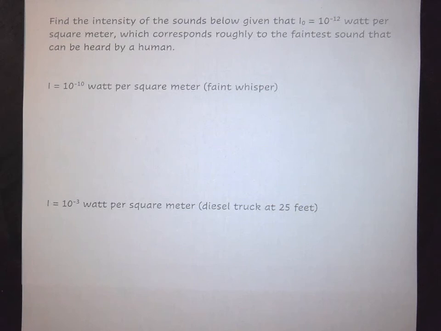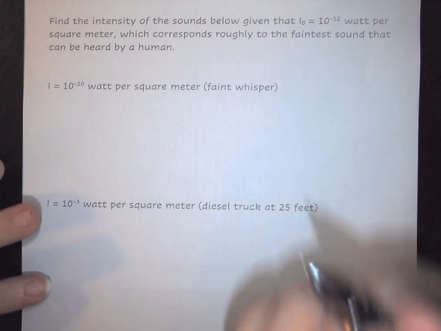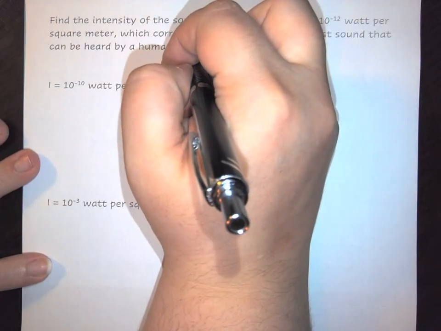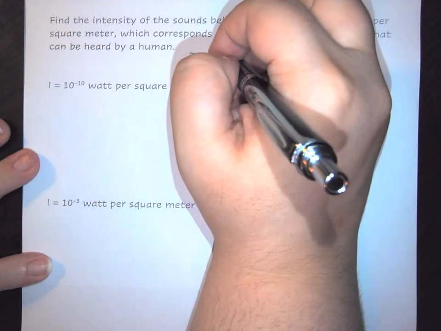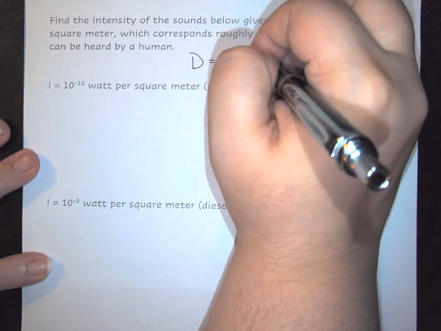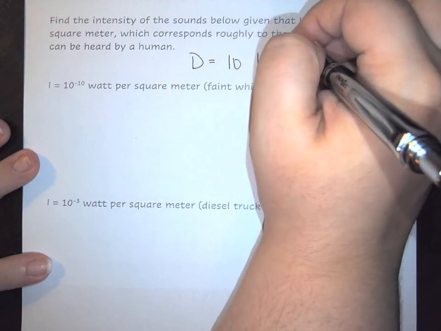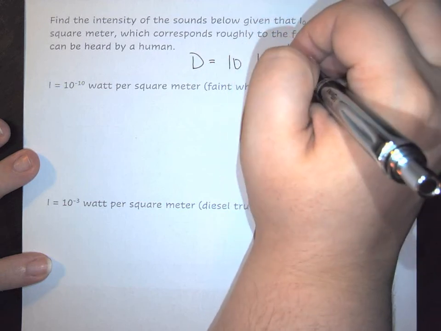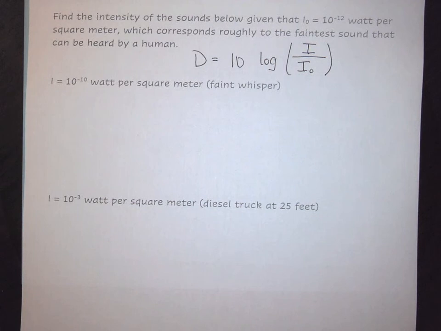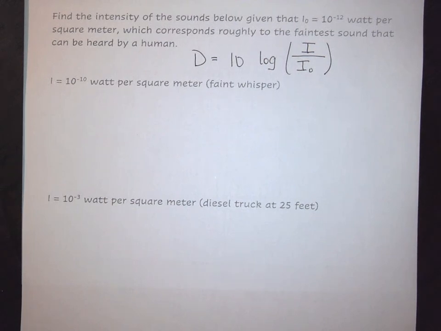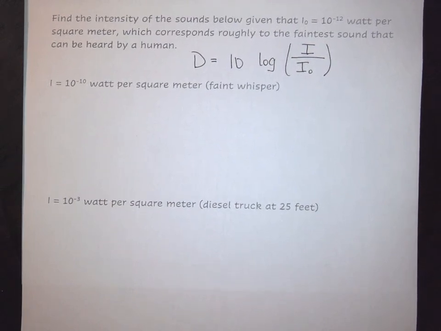Now, with that, we again have a formula. So in order to find your decibels, we have that D is equal to 10 log of the intensity over the initial. Okay, and that is the formula we use to calculate the decibels of whatever sound it was you heard.